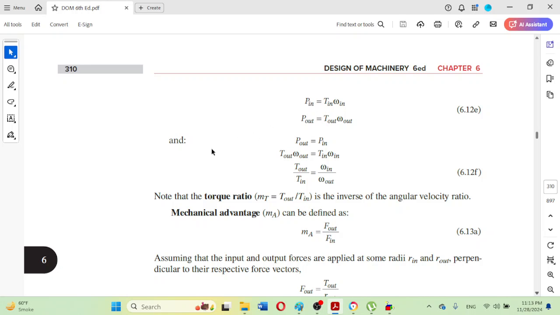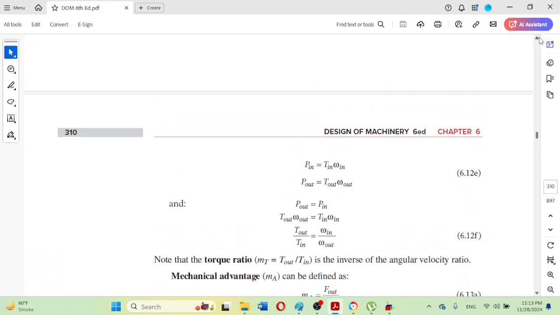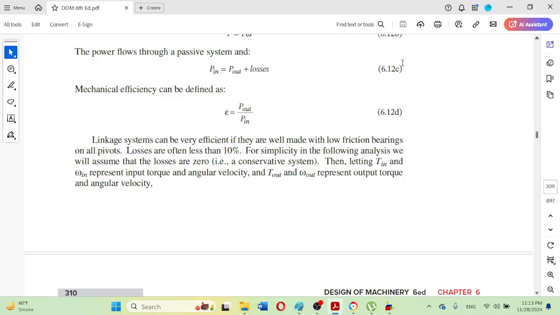As we can observe, for the case of a conservative system, power output will be equal to power input, meaning no losses will be there, as previously in equation 6.12. See, this equation is for an ideal system, and for a conservative system the losses are zero.